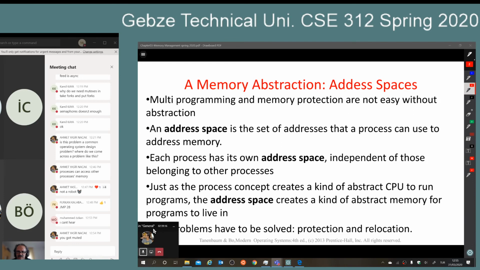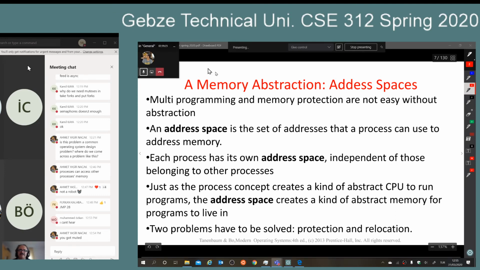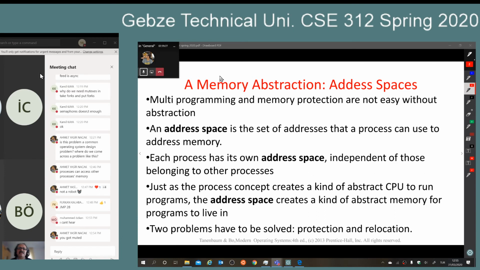Okay, good. Let me keep it here so that I can maybe see it. So the idea is let's introduce another abstraction. Like the CPU abstraction, we'd like to do a memory abstraction.